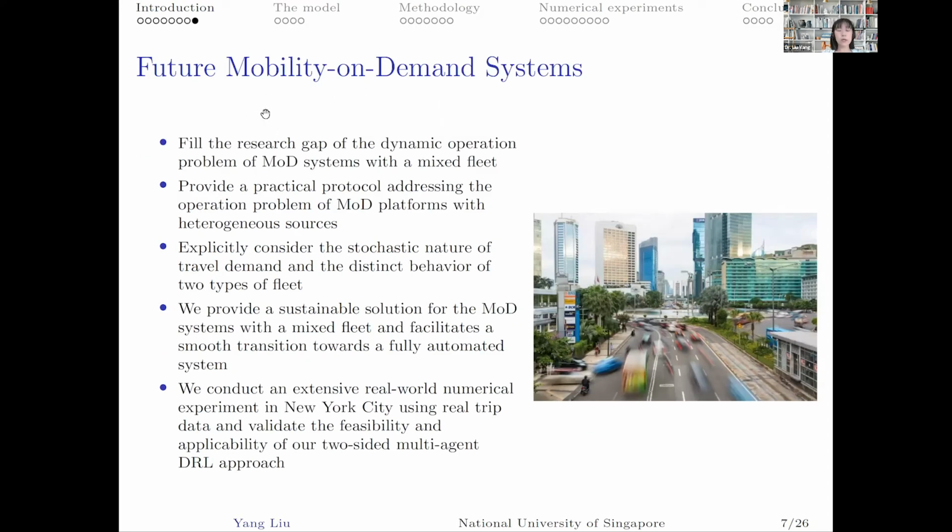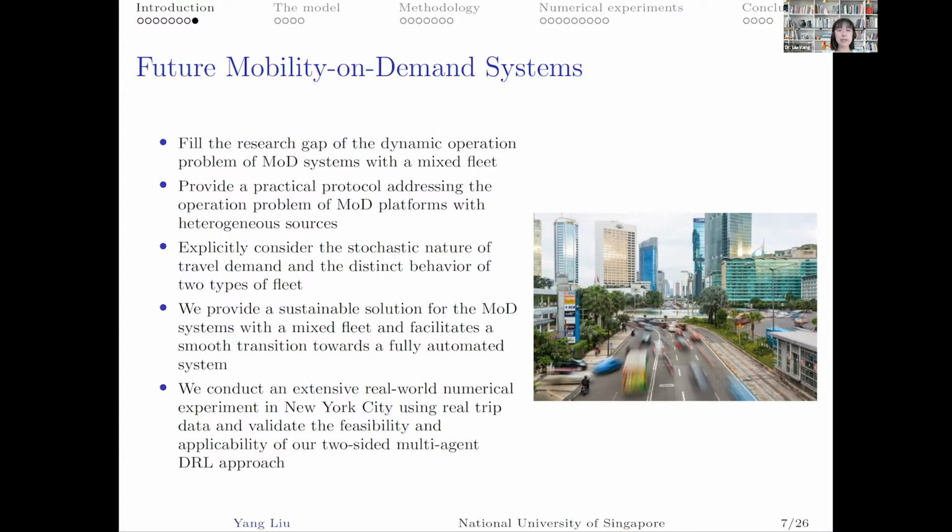Okay, so this is the framework we propose for the future mobility on-demand system. So it's not happening now, but we believe this will be something useful for the future mobility system. So we consider a framework with which we can study the real-time operational decisions for the mixed fleet, and this actually provides a practical protocol to address operational decisions of the MOD platform with heterogeneous sources.